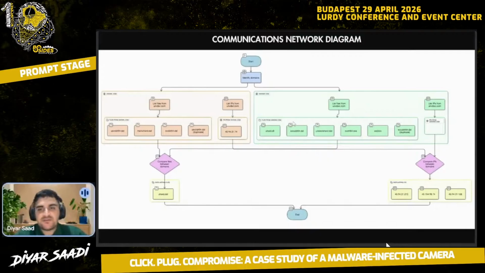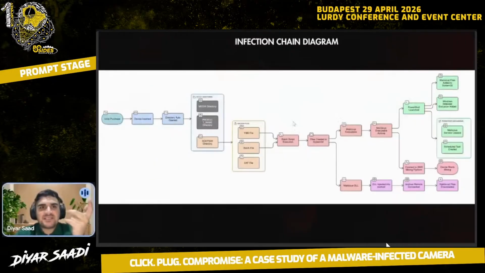I will share the slides with you later after the conference finishes. And that's the whole operation from the network communication diagram. And that's an infection chain diagram that makes the whole analysis easier.